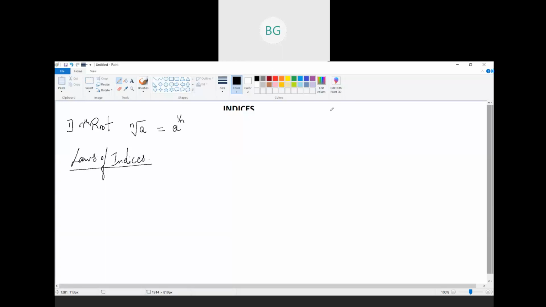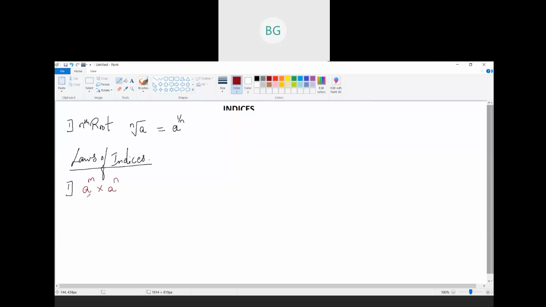Okay. Now, the first law. The first law states a raised to m into a raised to n.